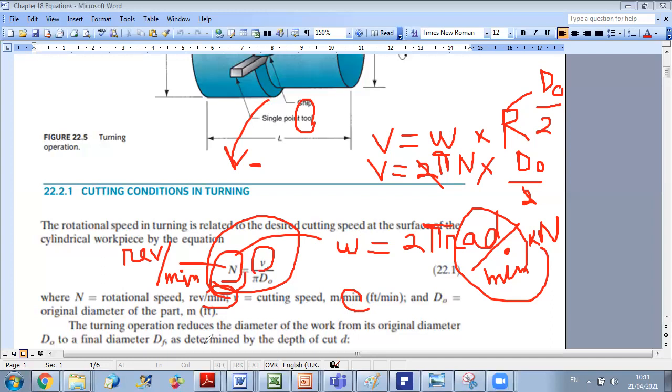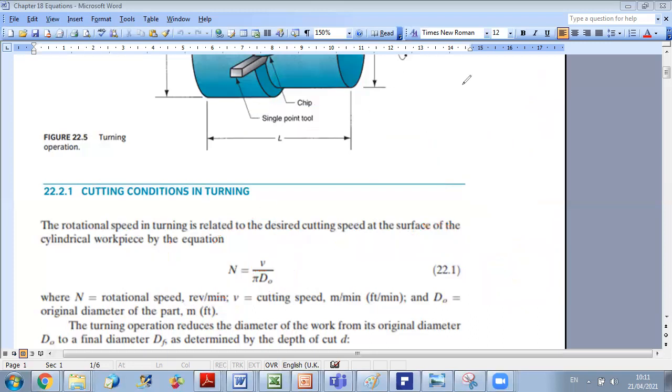If you are working in English units, n has the same unit, revolutions per minute, while for v you use feet per minute, and then the diameter will be in feet. In SI, v will be in meters per minute and d0 also in meters. So you should pay attention to units here. This is the relation between the rotational speed, the linear velocity and the diameter of the work part.